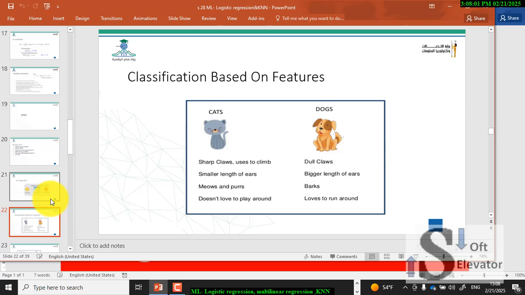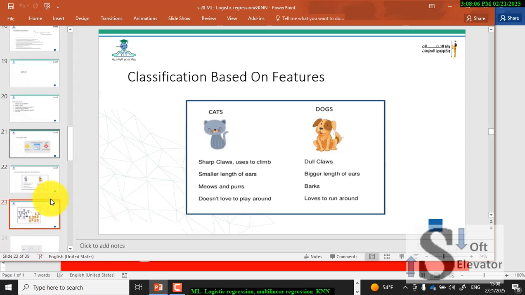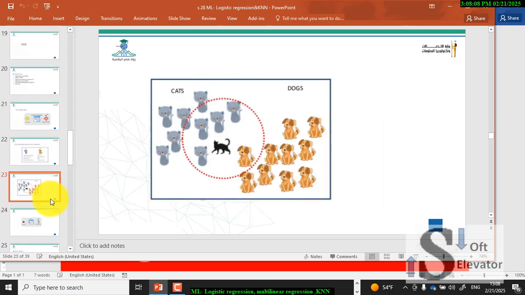It's near to logistic regression or classification. So this cat, in black color, is near these 4 cats more than this one dog, just one dog but 4 cats. So it's in this direction. Here we have the space or the distance. We take the distance. This distance is one feature. Maybe there are other features like the shape, like the weight.